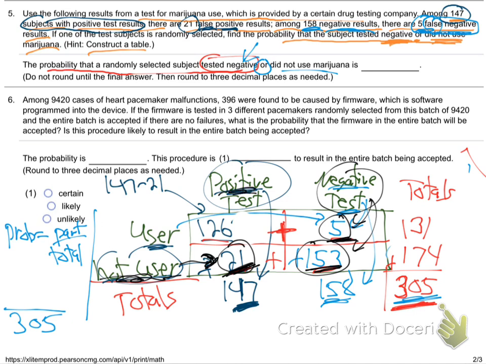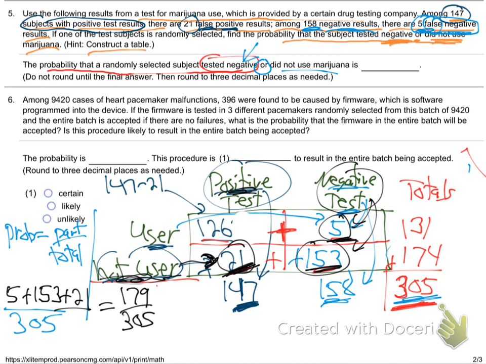So it's the 5 plus the 153 plus the 21. Right? So let's see what we get on your calculator. 179 over 305, I think.